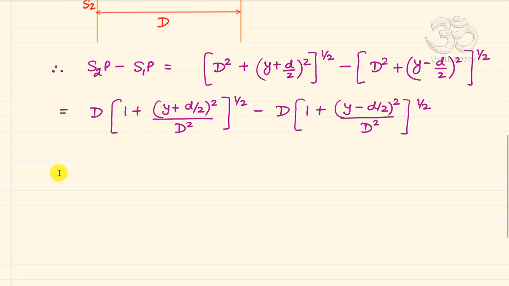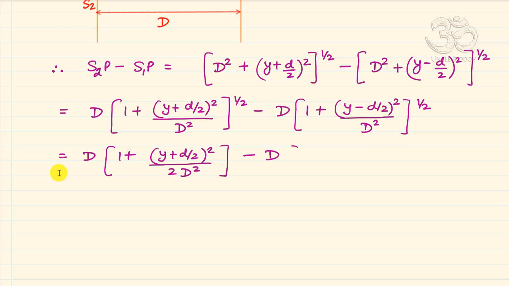So I can write this entire expression as D into 1 plus y plus d by 2 whole square divided by 2D square, minus D times 1 plus y minus d by 2 whole square divided by 2D square.